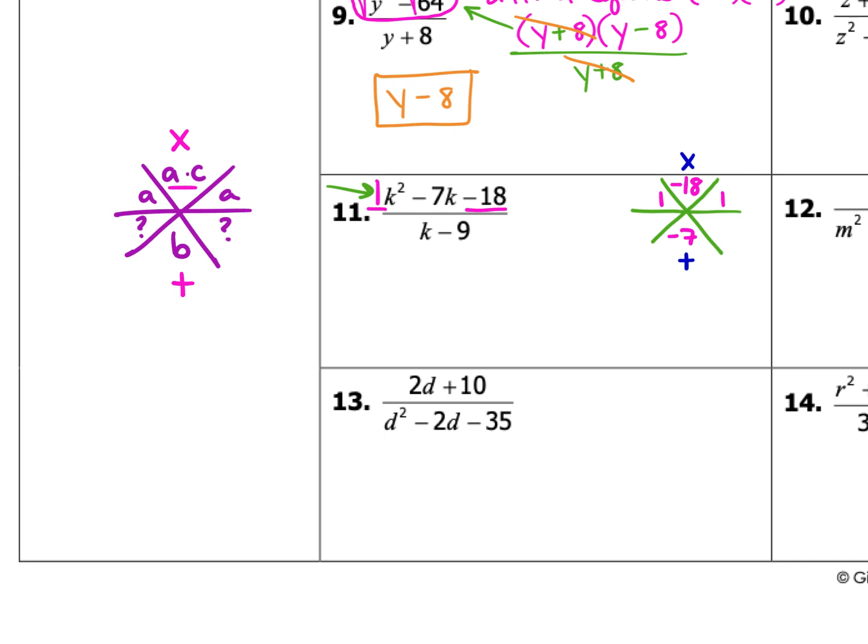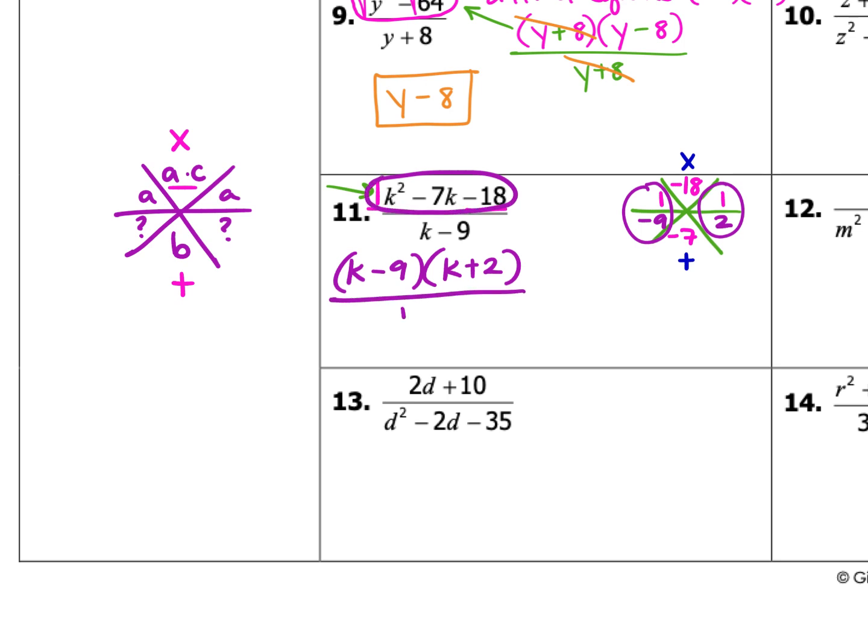I'll let you think about that for a second. Did you get a -9 and +2? So this becomes your two binomials. It's going to be k minus 9 and k plus 2 that replaces this, okay?